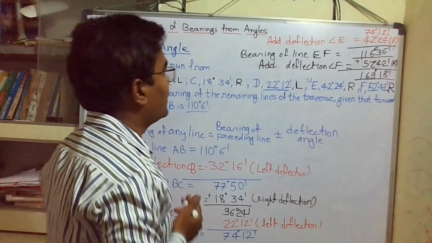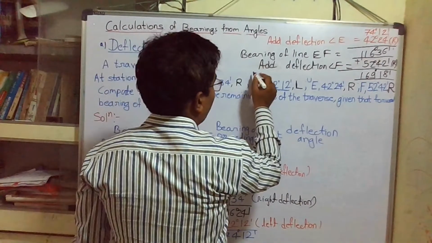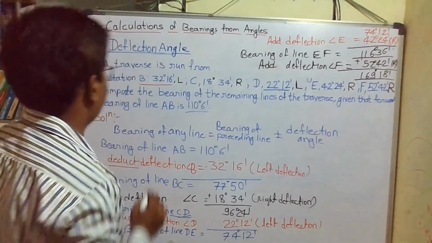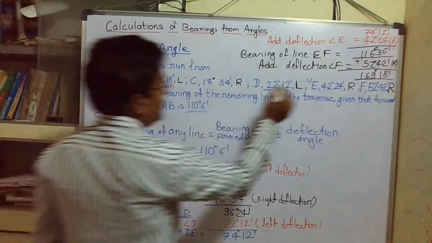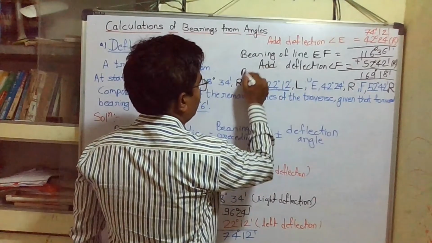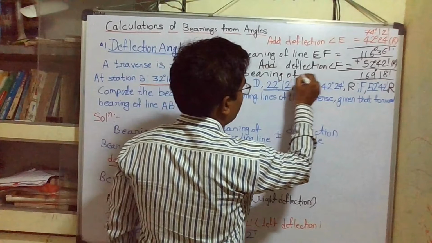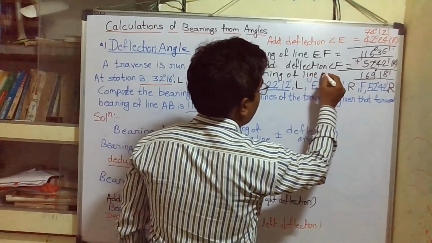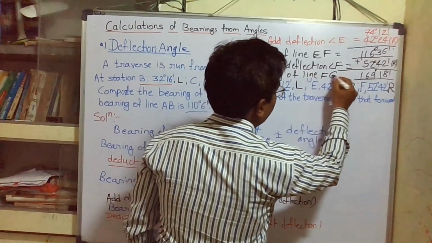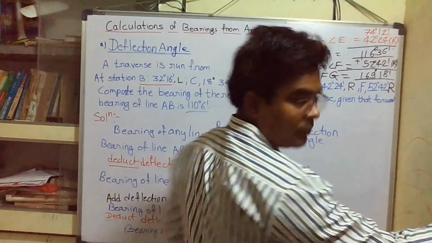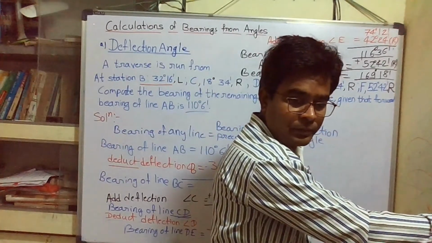That is nothing but the bearing of line FG, because our traverse runs up to point G. So we got the bearing of line FG.